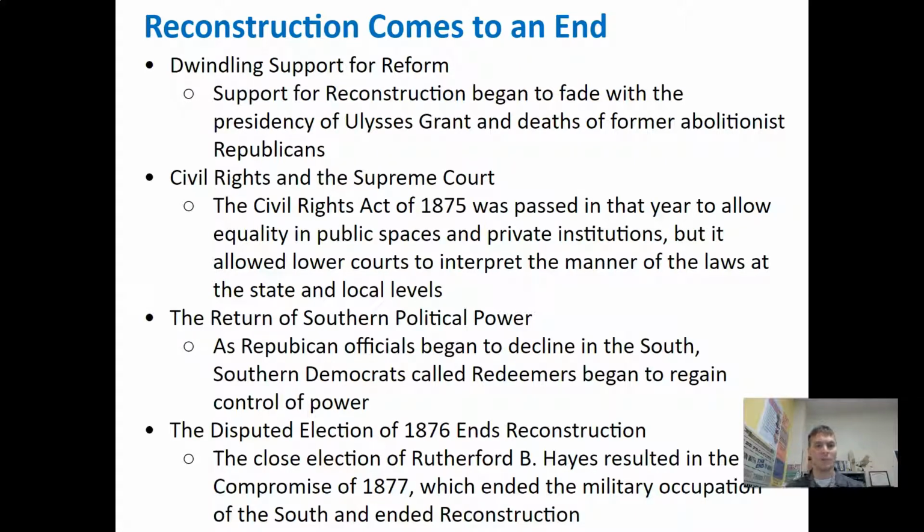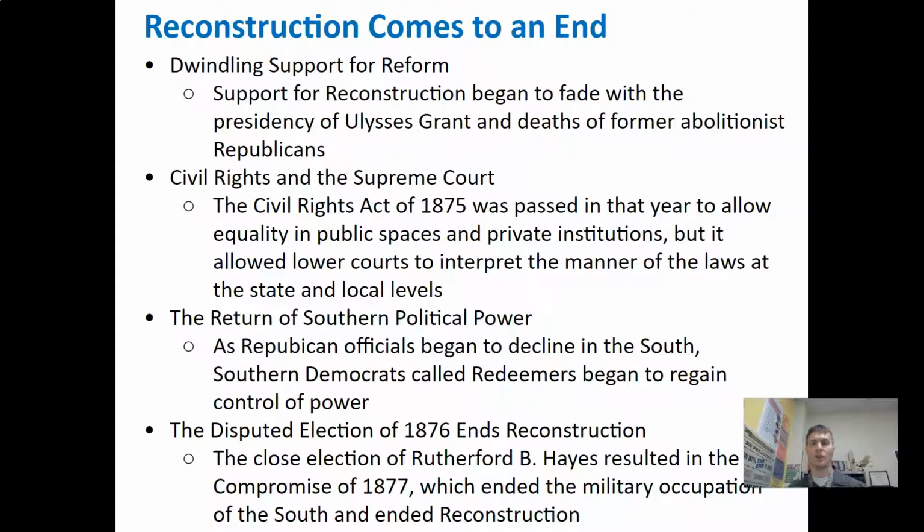And not only that, but in his second term, he's going to help to try and pass the Civil Rights Act of 1875, which sounds like it should be a good thing, right? It should be giving rights to all citizens, including African Americans in the South. But the problem was they allowed lower courts to interpret the manner in which those laws should be read at both the state and local levels.